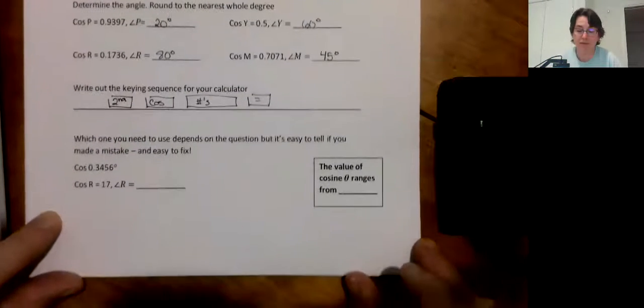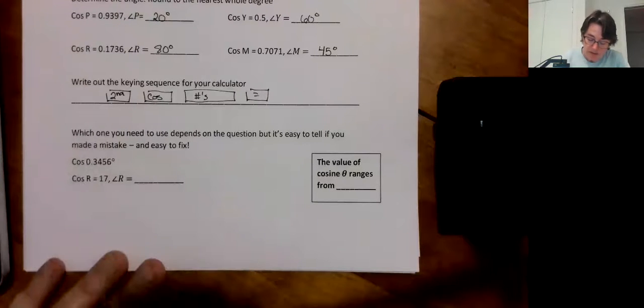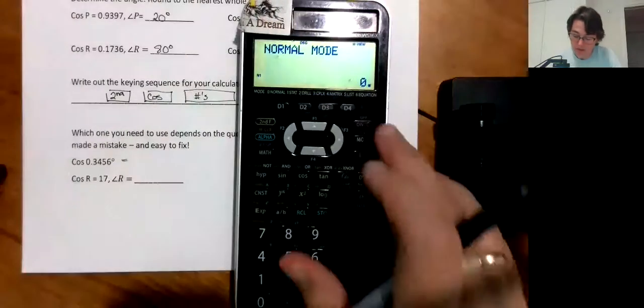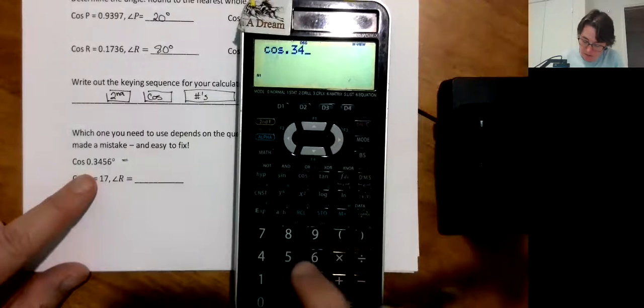Okay, oh, look, I got a little note down here about when there's problems, which one you need. Referring to either cos or second cos, the inverse cos, it depends on the question, but like I said, if you screw up, basically if you see the degree sign, you just go cos 0.3456.